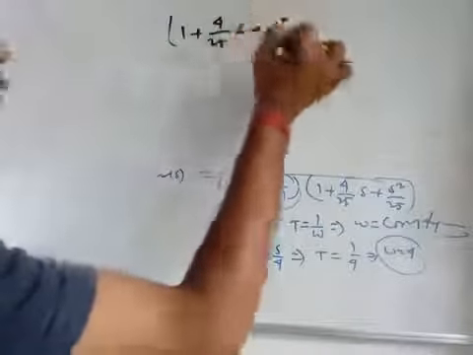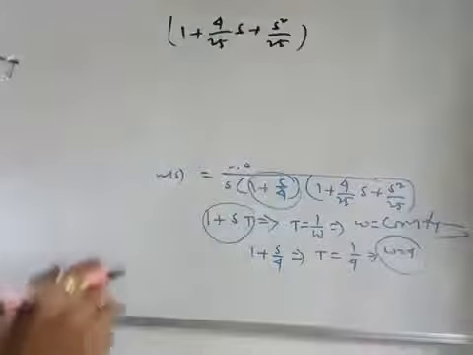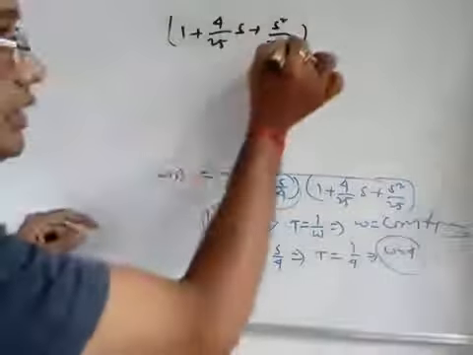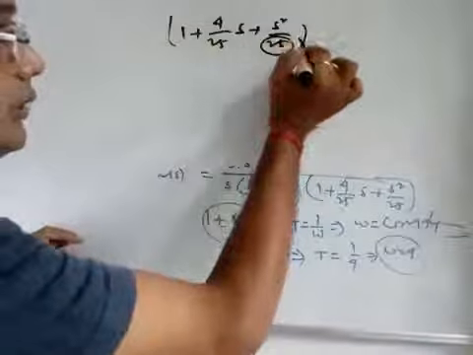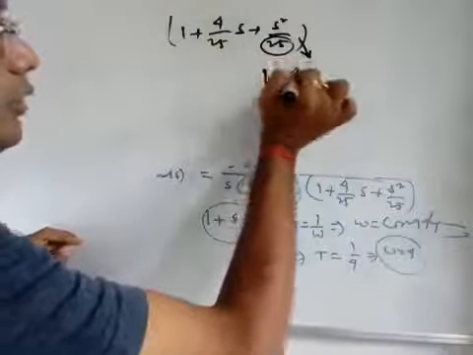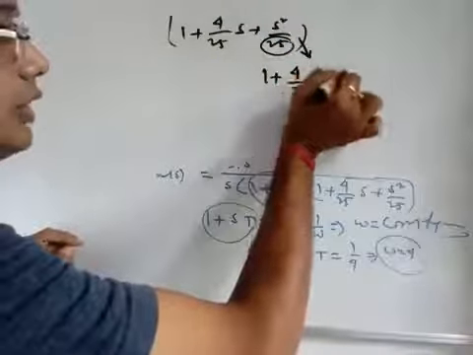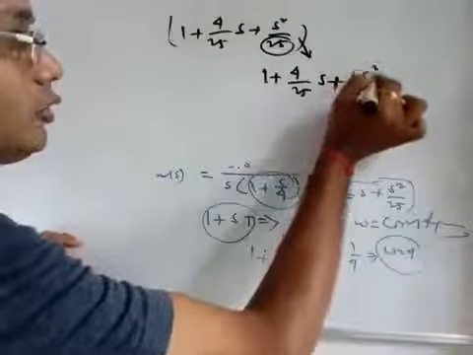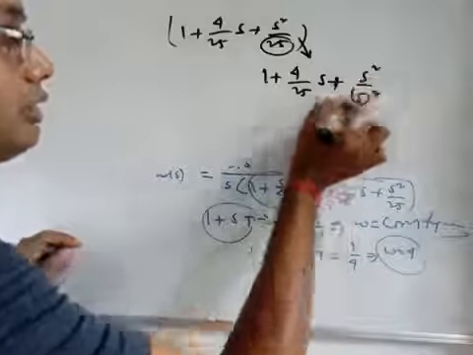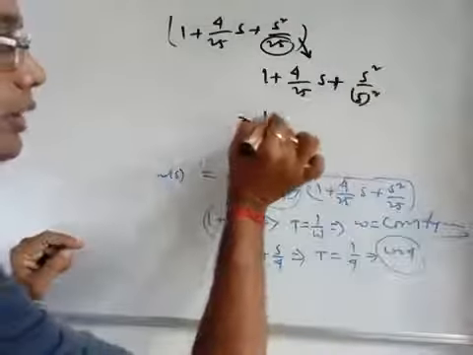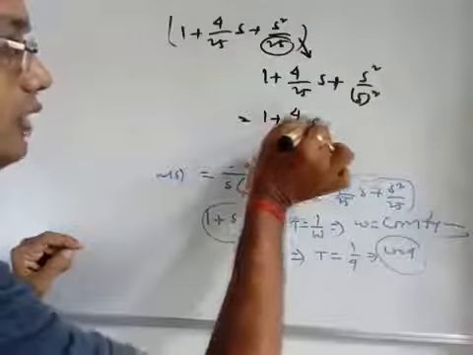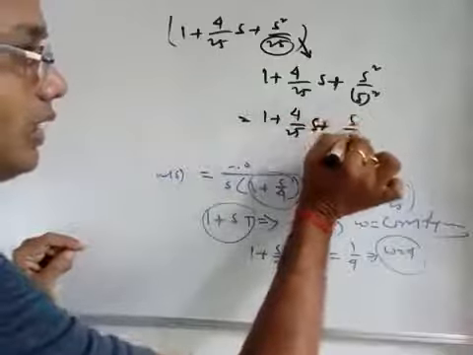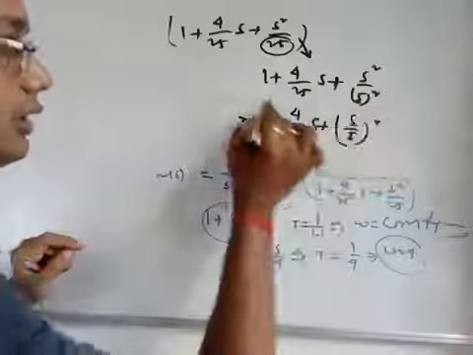In the denominator of the s square factor, that means 25. So this can be expressed like this, and the rest of the thing will remain the same. So for this part, s square by 5 whole square. So that means 1 plus 4 by 25s plus s by 5 whole square, right?